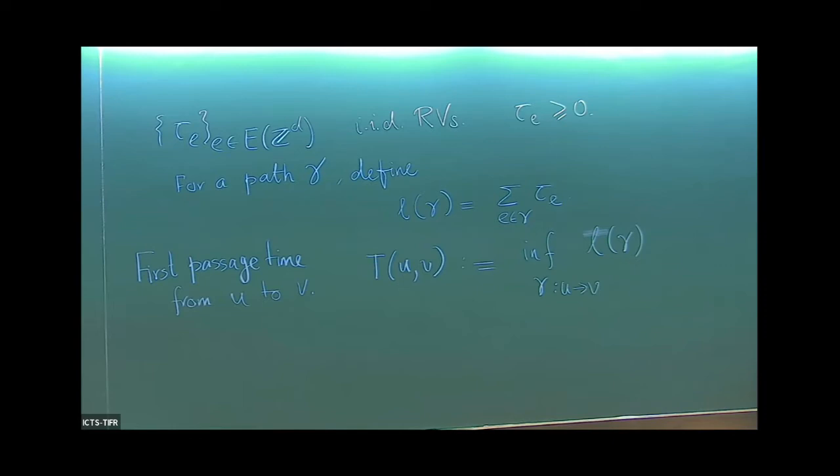So I take all finite paths gamma connecting U to V, and I look at the passage time of the path, and I take the infimum over all such paths. That gives me the first passage time from U to V.